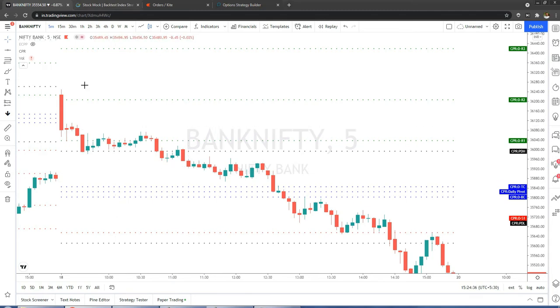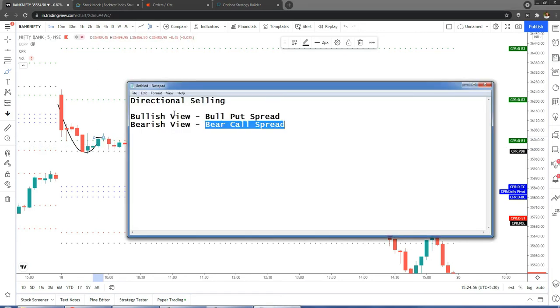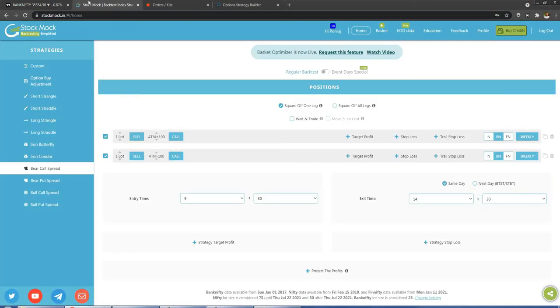So this is on 18th August. First let me take the failure scenario. This looks like a retrace. See, it comes here, goes, and closes above R1. So I can think the market is turning bullish, and for the bullish view I am going to take a bull put spread. A bull put spread means we are going to sell a put option and also buy one.